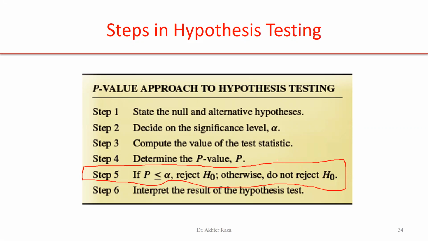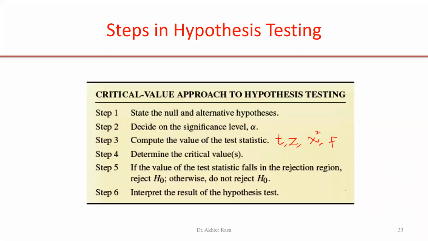So that is a very simple concept, and these steps are in continuation. Why are these in continuation? Because in the critical region approach, the third step and the fourth step are not in continuity: the test statistic is computed, and then the critical value is obtained from the table.